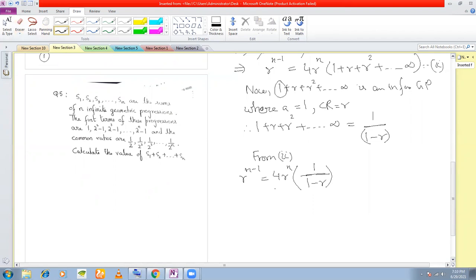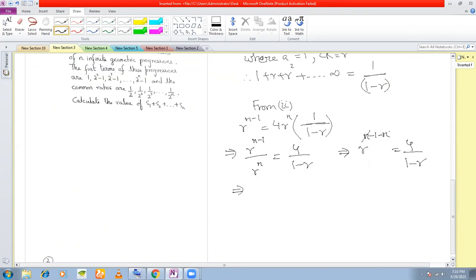So we get 1 by 1 minus r. This is the sum of this infinite GP. That means you can write this as r to the power of n minus 1 by r to the power of n is equal to 4 by 1 minus r. Now you get r to the power of n minus 1 minus n is equal to 4 by 1 minus r.